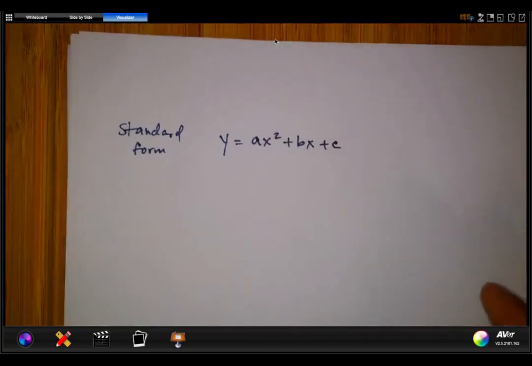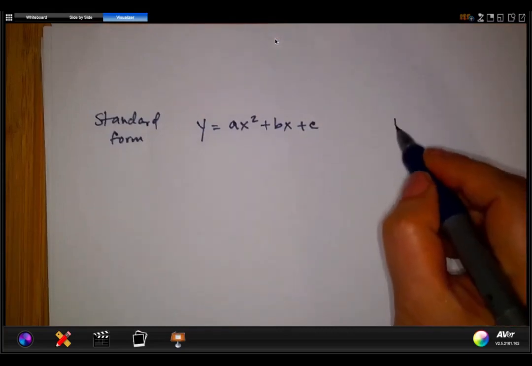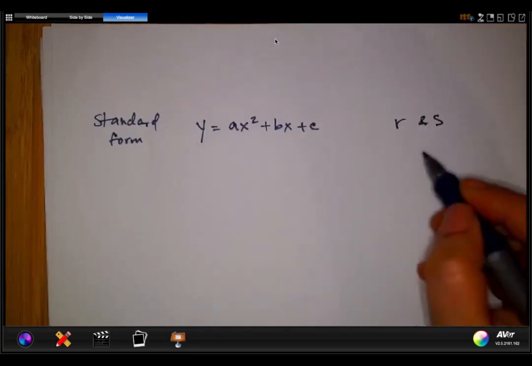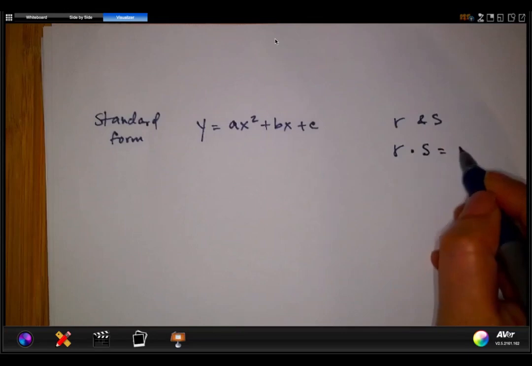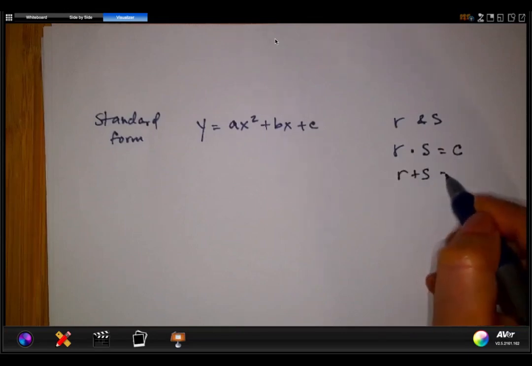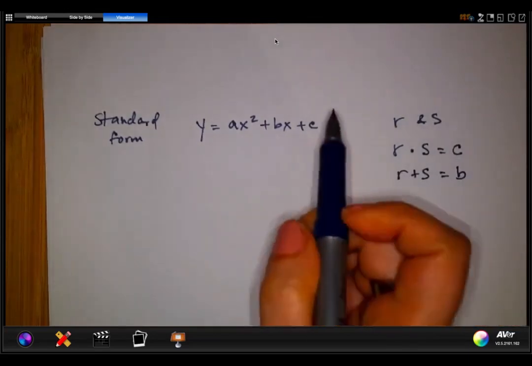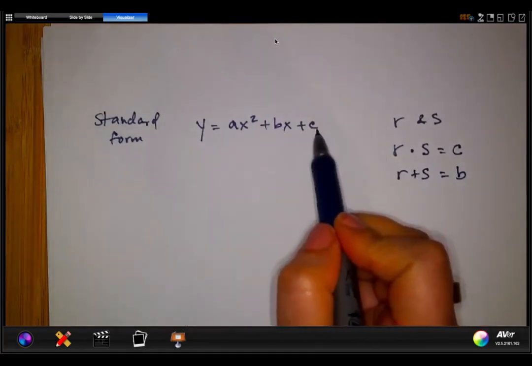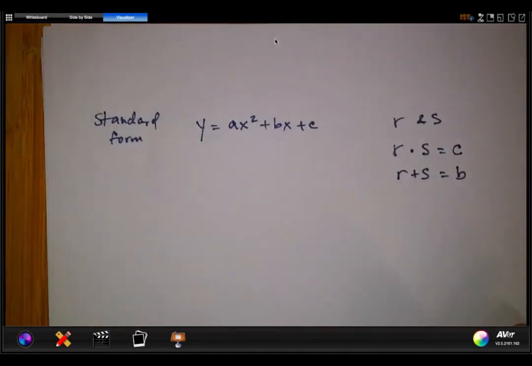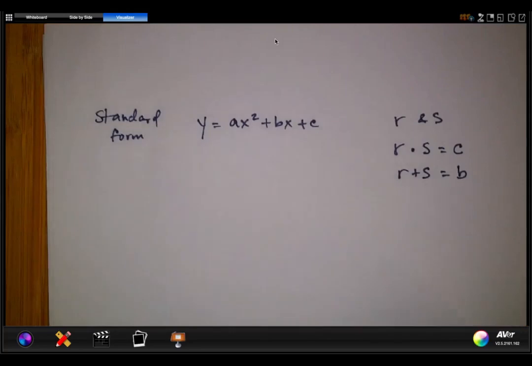So we're looking for 2 numbers. Let's call those numbers r and s, where r times s equals c and r plus s equals b. And those are the coefficients. C is the constant, a and b, the coefficients of the square and the linear term.